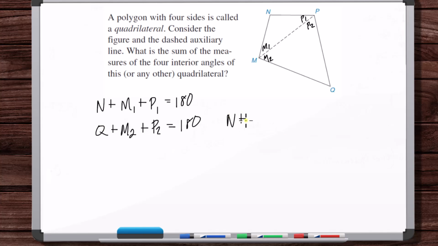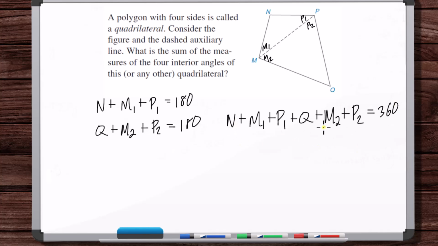So if we add N plus M1 plus P1 to Q plus M2 plus P2, what is that going to be equal to? Well, we're just summing 180 and 180, right? That's all we did.